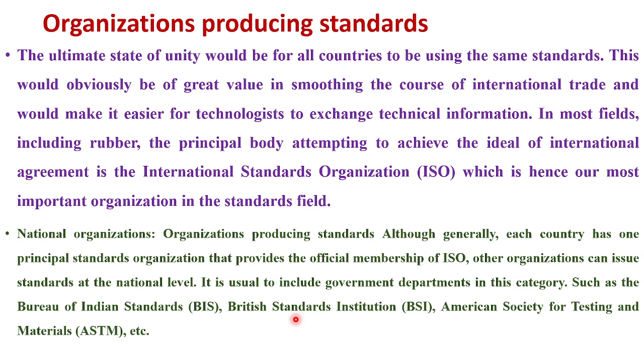In England, it is British Standards Institution or BSI, and in America, it is American Society for Testing and Materials, that is ASTM standard. So these are the principal organizations producing standards for different testing methods.